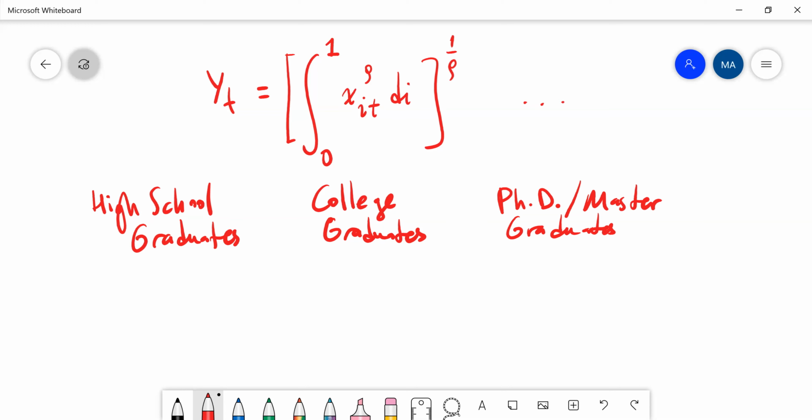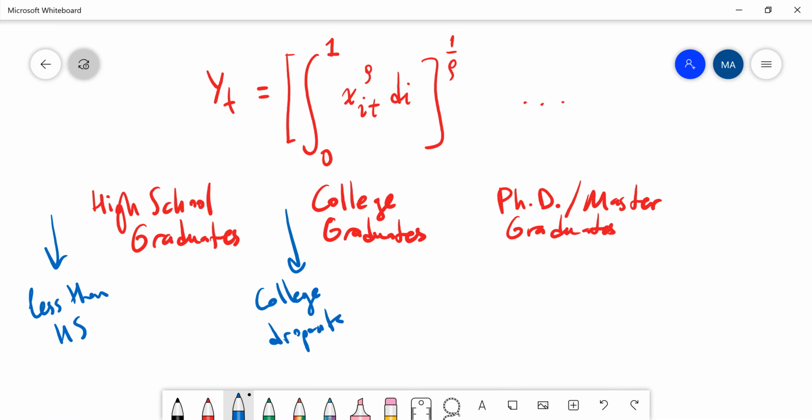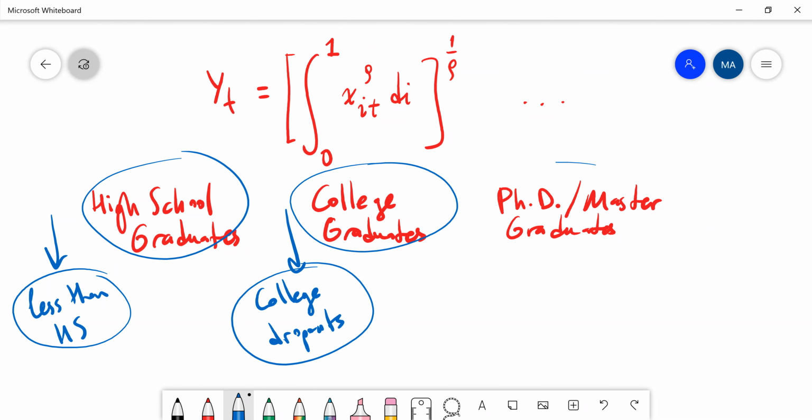Then in between, here you have people with less than high school. Here, college dropouts, right? So there are many different education levels in the economy.